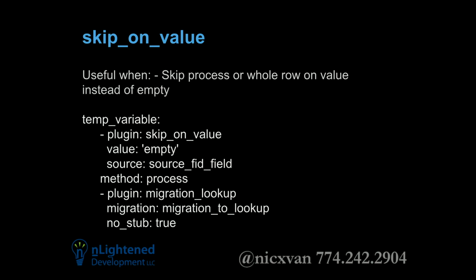I found this was somewhat rare, but it happened often enough that I thought it was worth putting in here. Generally, I would recommend using the skip on empty, but if you find that you're getting kind of inconsistent results with that, look at finding a way to output something and then just skip on that specific instance. I found it got around a couple of edge cases.